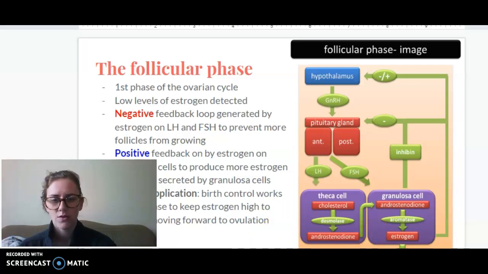So low levels of estrogen are detected, which then stimulates a positive feedback loop by the granulosa cells to produce more estrogen.